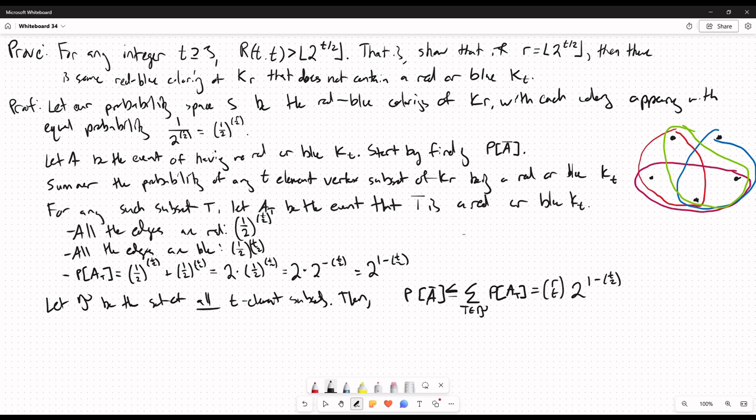Let's go ahead and do a little bit of rearranging there. R choose T is going to be the same as R factorial over T factorial times R minus T factorial, times 2 to the power of 1 minus t choose 2.